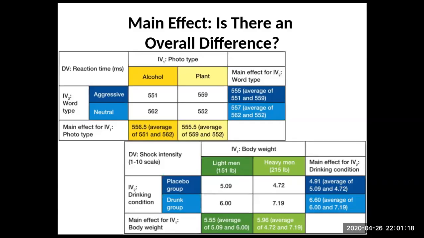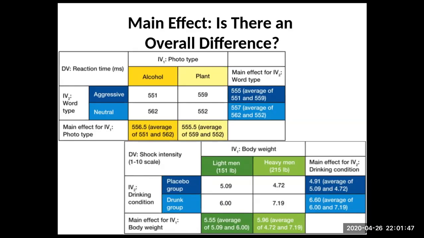So for alcohol, if we want the average of alcohol between aggressive and neutral, we just add the numbers and divide by 2. We have 551 and 562. And down here you can see, for a main effect, we put them in the margins. So we call these the marginal means. 551 and 562. The average between them is 556 and a half. And you can go ahead and do the math if you want.